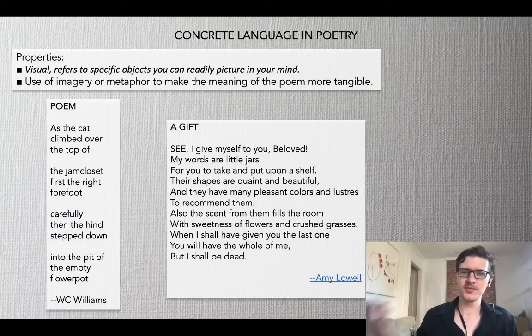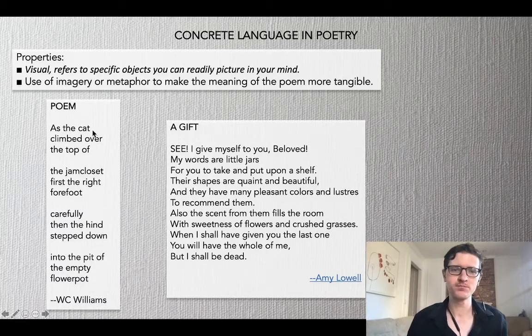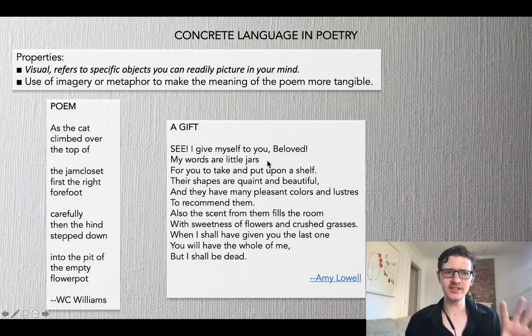Now, this poem, we have both some abstraction and concrete. But what's concrete about this? It's trying to create something that's abstract, like my words, my love, right? I give myself to you. Now, this is a very abstract thing, to give your love. How do you give oneself to someone else?